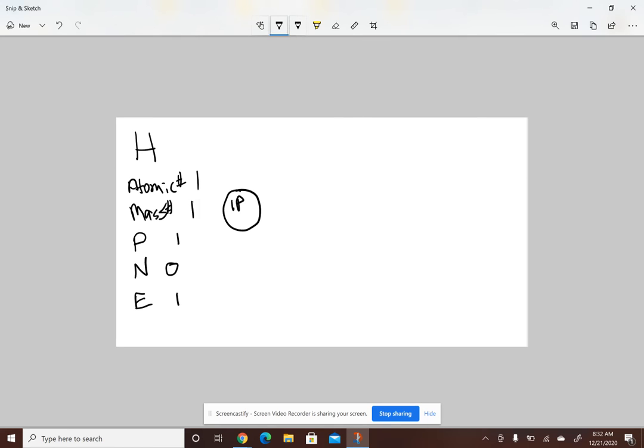Since I only have 1 electron, it goes into the K shell. But my Lewis dot diagram would be an H with my 1 electron. Now let's compare that to something like neon.